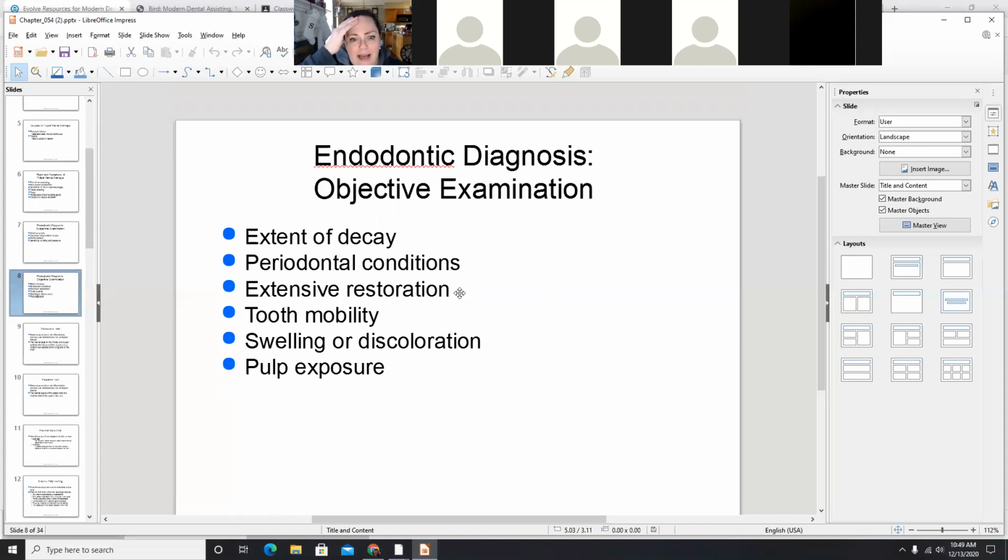So you can look back and if they have a huge restoration on that tooth and there was pulpal involvement at the time of the restoration, they could at some point need a root canal. Tooth mobility. Okay, what does that mean? Tooth is loose. Yeah, the tooth is loose.